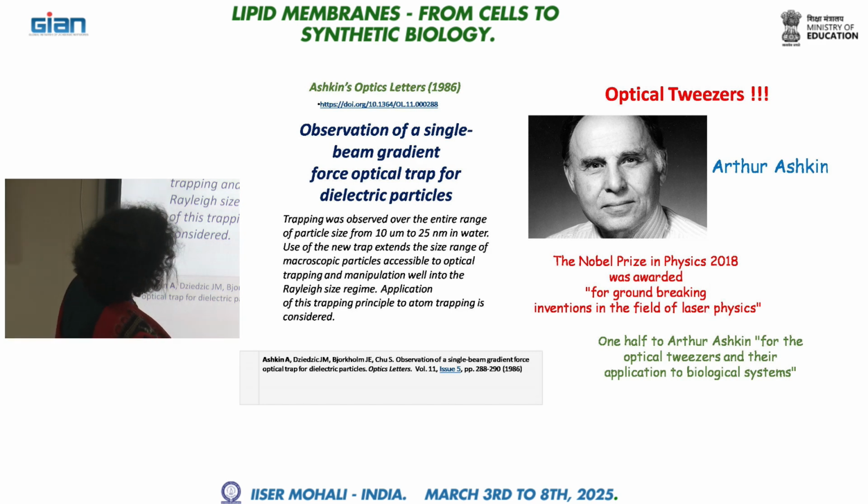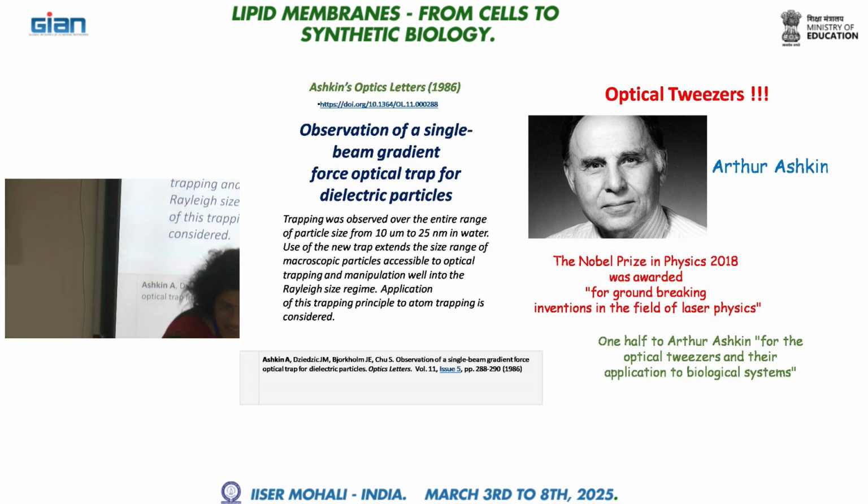Now, this is the paper which came out in 1986, which had the first working optical tweezer. In it you can see he trapped particles from 10 micrometers to 25 nanometers in water. Now what I want you to see is the next slide, okay.